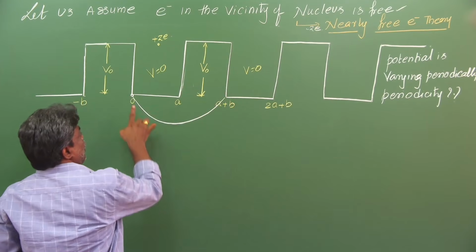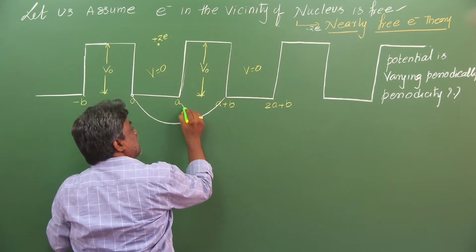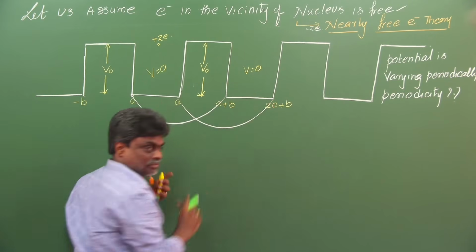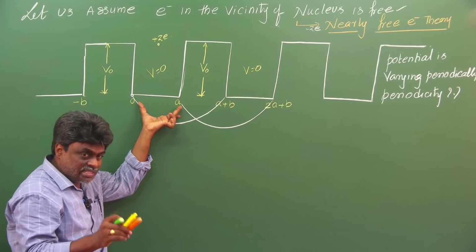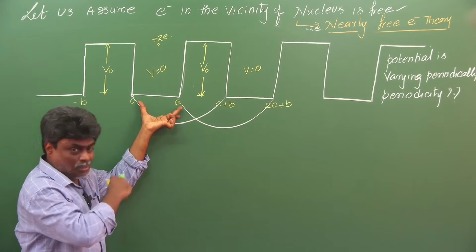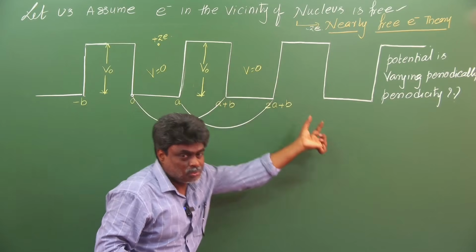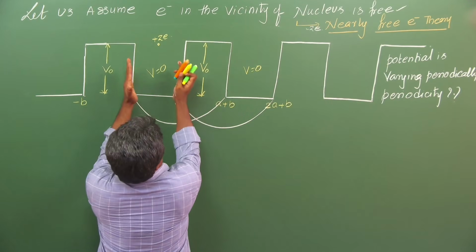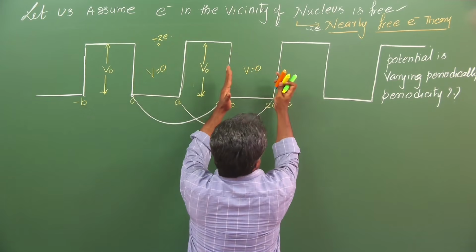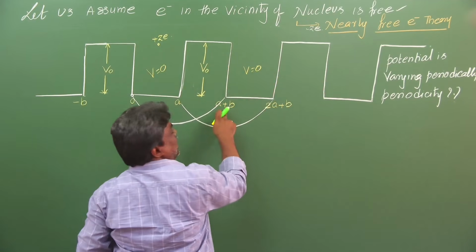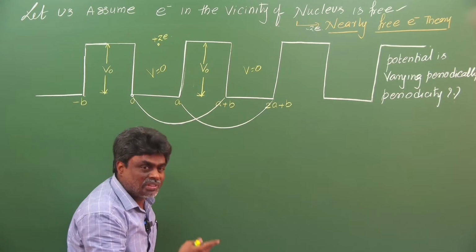So your potential, and one more: the second end of the well is at A. So your well potential, V equal to 0, exists from 0 to A, and again exists from A plus B to 2A plus B. That means after what interval is the value repeating?